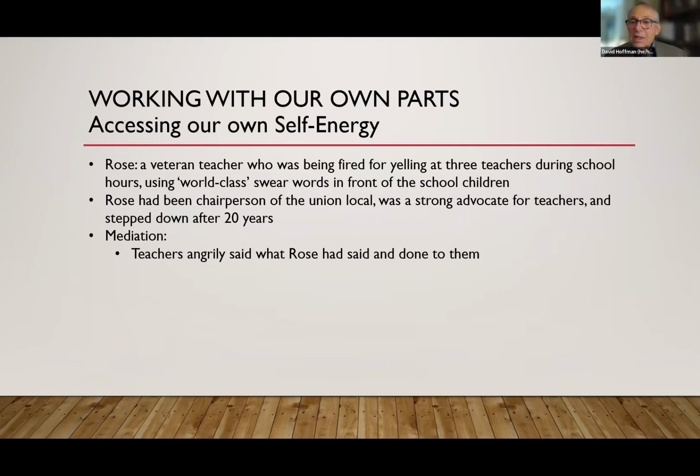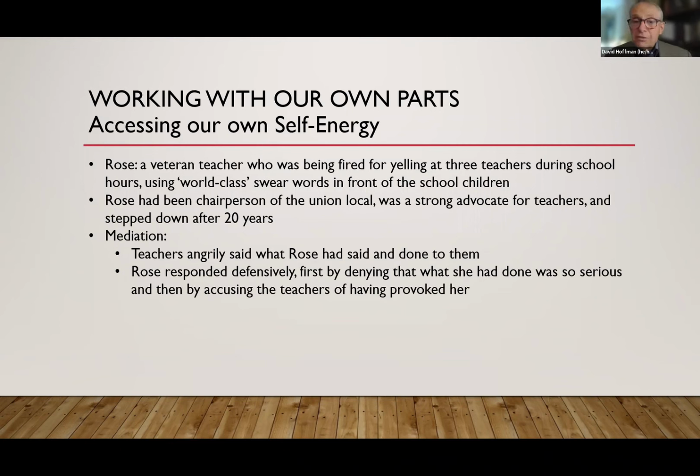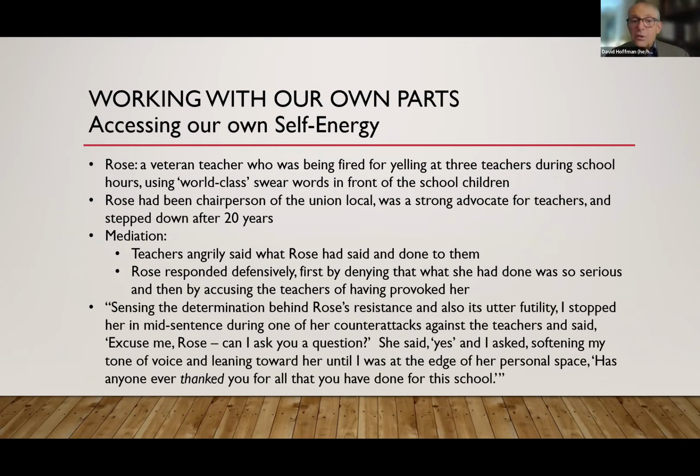In the mediation, the three teachers angrily said what Rose had said and done to them. Rose responded defensively, first by denying that what she had done was so serious, and then by accusing the teachers of having provoked her.